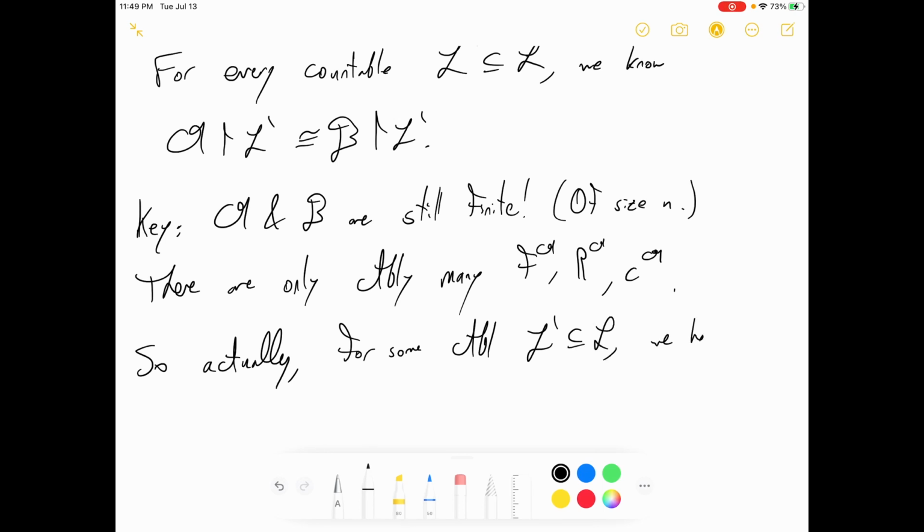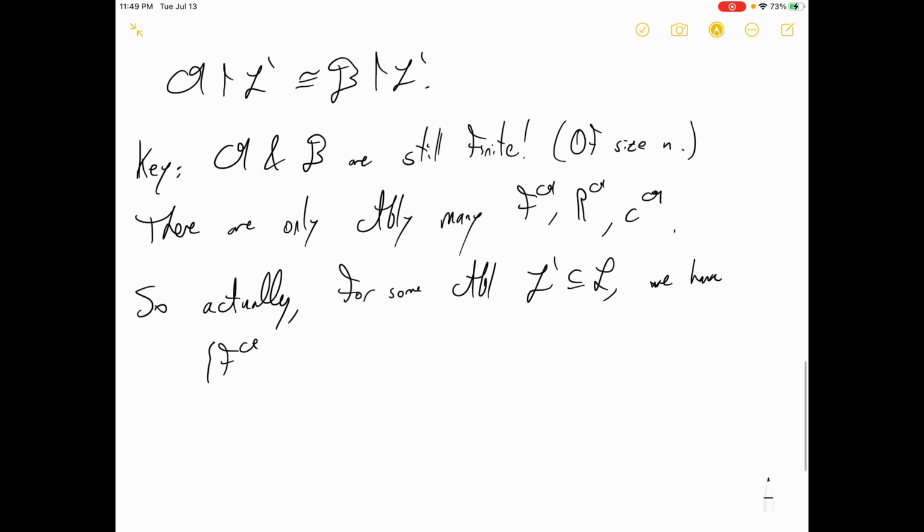we have that all the function symbols, relation symbols, and constant symbols that have interpretations in L have an equivalent interpretation in L prime.